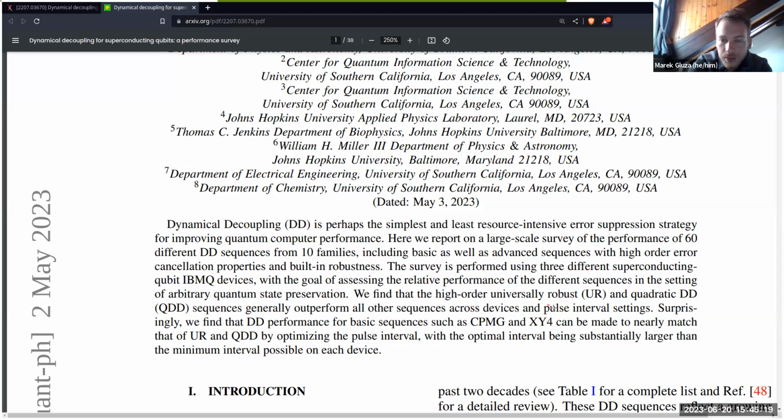And those sequences were actually developed longer than 20 years ago for NMR qubits, and now the same kind of ideas can be used for superconducting qubits as well, which is kind of a neat thing to see that the theories are wide-ranging.